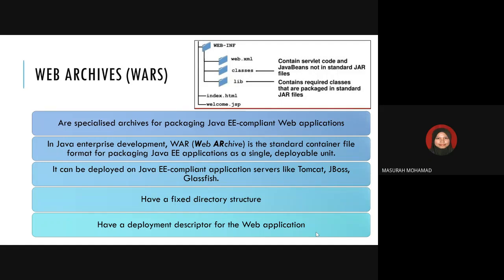As you can see, the WARs consist of all the files contained in the WEB-INF folder, including web.xml, all the classes, and also the libraries. These files will be packaged into WARs.